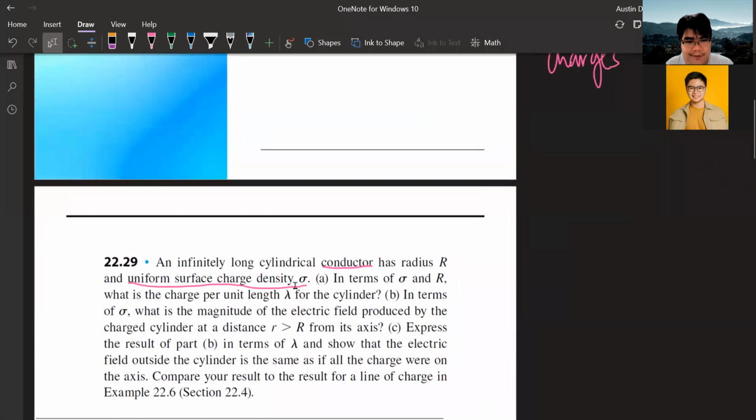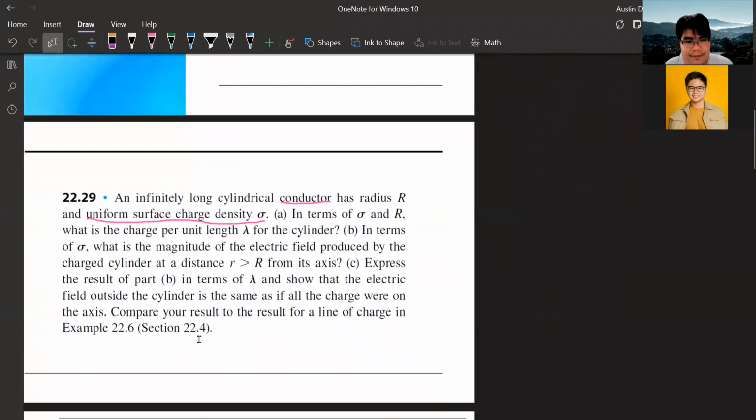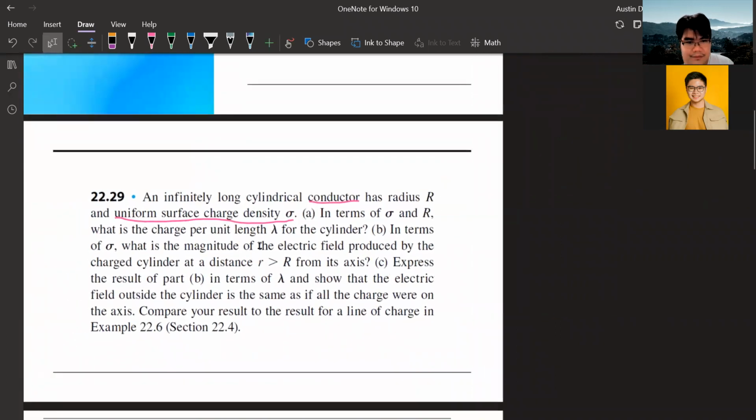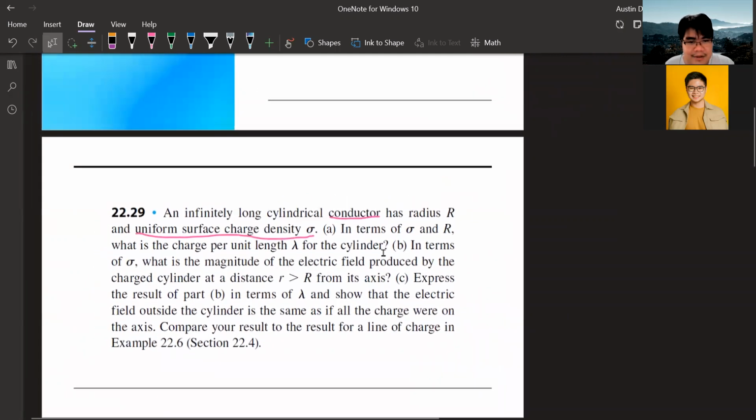Since this is a conductor, yung surface niya lang yung pwede magkaroon ng charge. Therefore, gagamit siya ng uniform surface charge density. Pero pwede rin siya gumamit ng line density. Okay. Anyway, in terms of sigma and R, what is the charge per unit length?